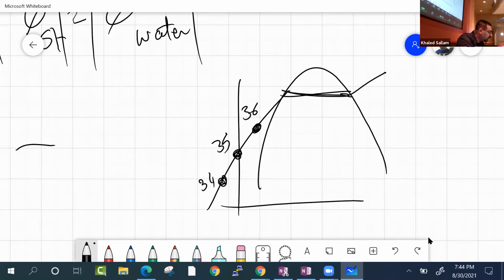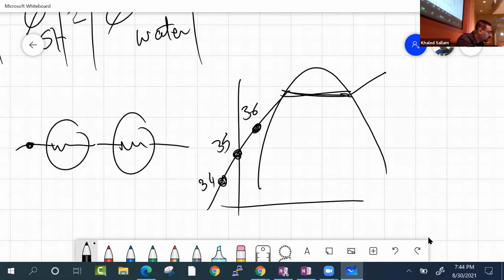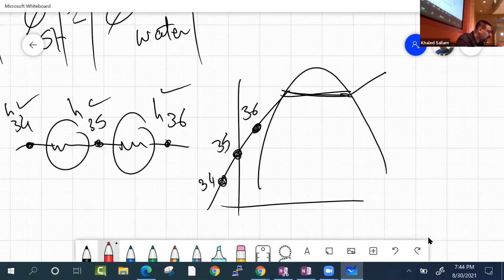It's being heated in the first feed water heater, and then it's being heated in the second feed water heater. It's coming in at 34, then heated a little bit to 35, and a little bit to 36. All the H's for the water are given to us, and we just solved for M.7. And now he's saying, give me M.6 too.